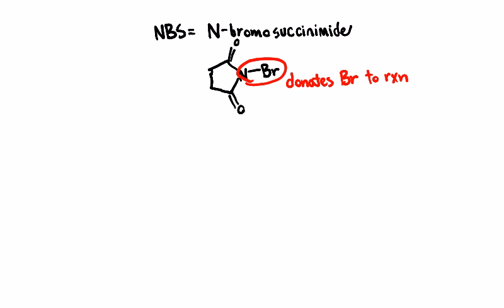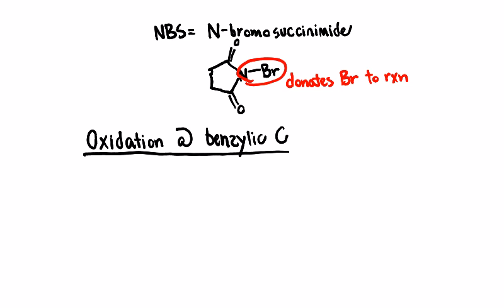So we're going to look at oxidation at the benzylic carbon. The benzylic carbon is really susceptible to oxidation because of the fact that it forms relatively stable intermediates, as we saw in the cases of the above radical reactions.